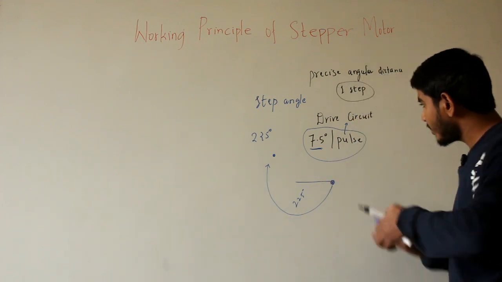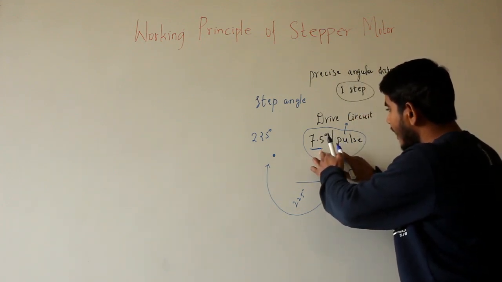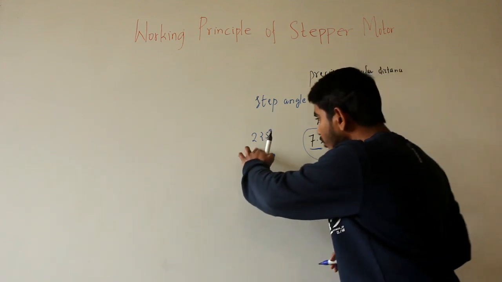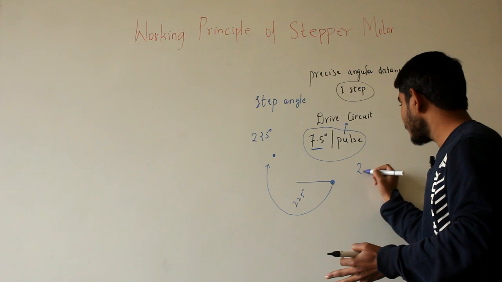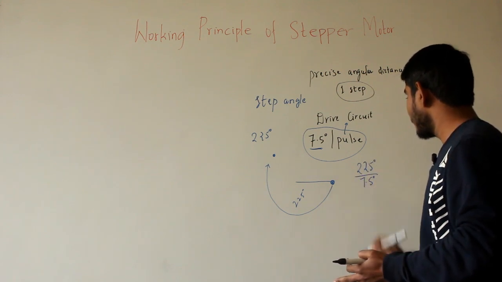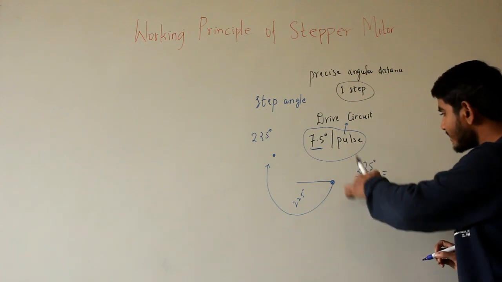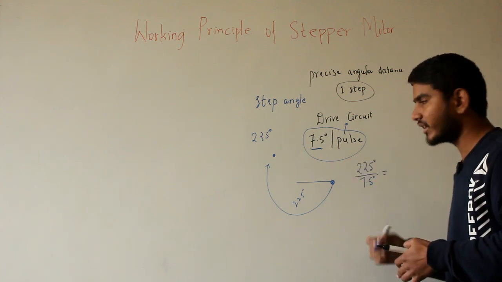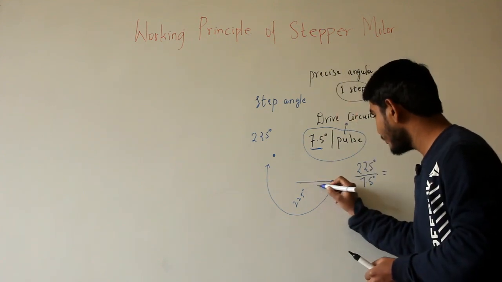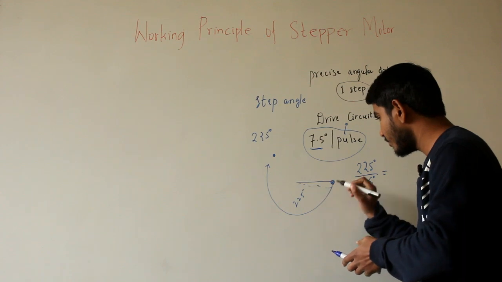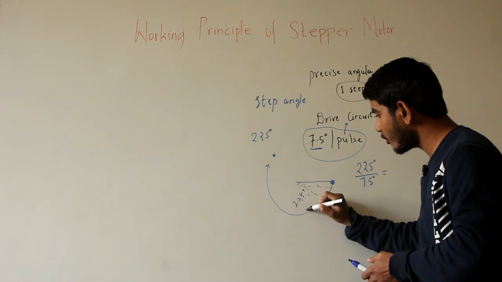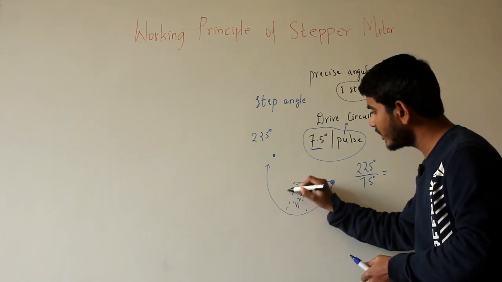Now, as the stepper motor has a step angle of 7.5 degrees per pulse, in order to rotate 225 degrees, 225 degrees divided by 7.5 degrees gives you the number of pulses required for the drive circuit. For one pulse it will rotate 7.5, for another pulse it will rotate again 7.5, for another pulse 7.5, and so on.